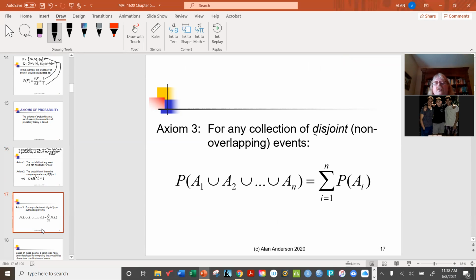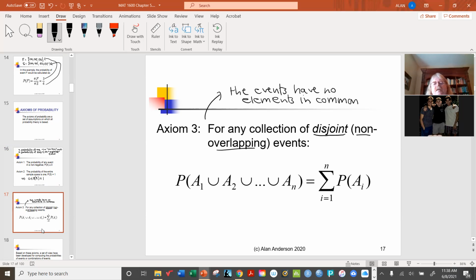The word disjoint, or non-overlapping, means the events have no elements in common. Now, down here, you'll see some symbols. You might have forgotten what they mean. This is the symbol for union.